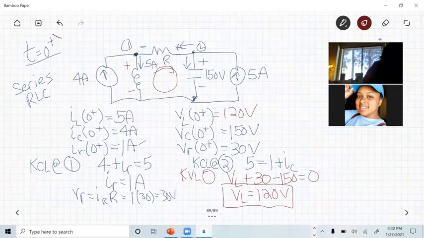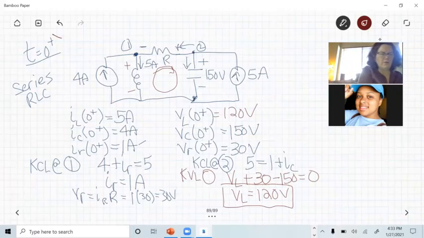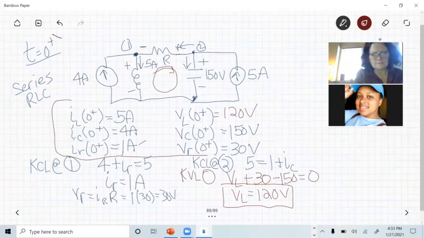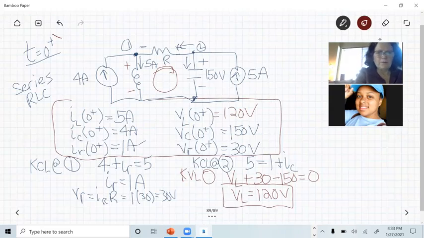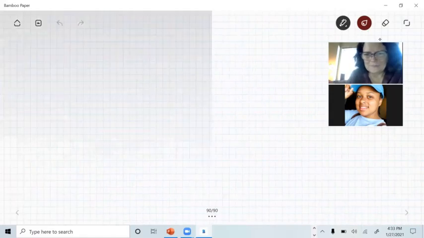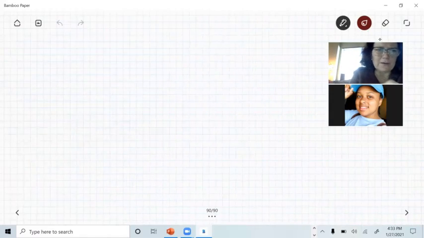I changed the polarity. Now we want to find the rate of change of all this stuff at t equals 0 plus. We want to find the derivative of all that. Okay, let's move on. What I want to find here, let me just do this with prime so this doesn't take forever.